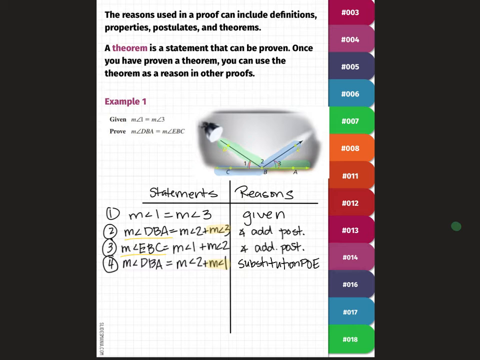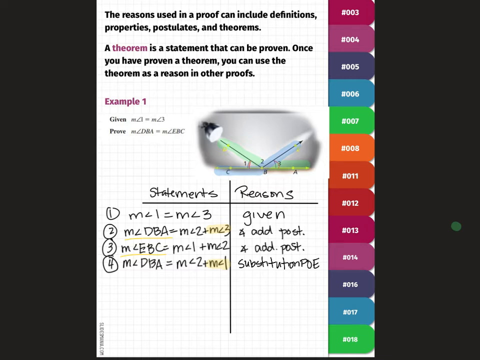And so now when I look, I can see that the measure of angle EBC is equal to the measure of angle 1 plus the measure of angle 2, and the measure of angle DBA is equal to the measure of angle 2 plus the measure of angle 1. So I'm going to simply rewrite one of those.